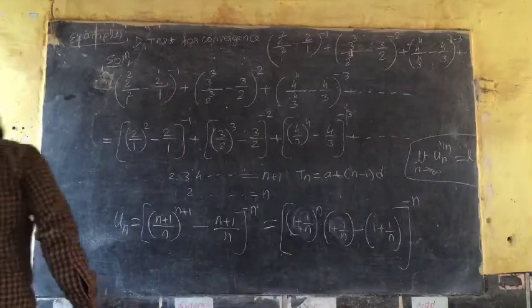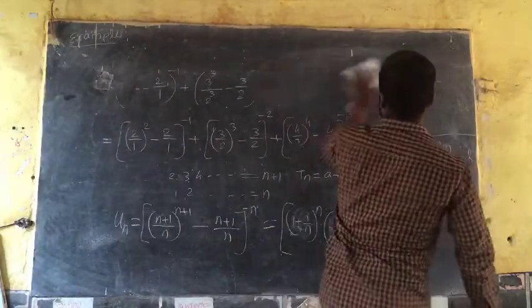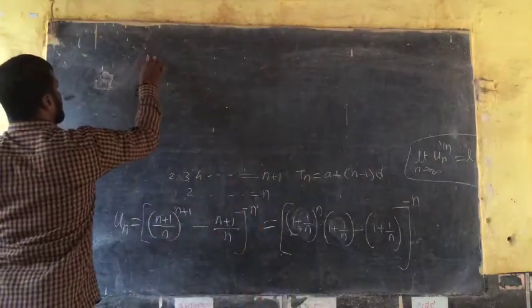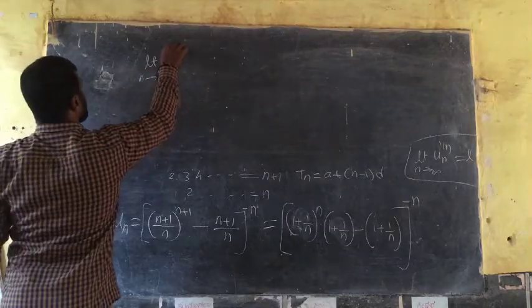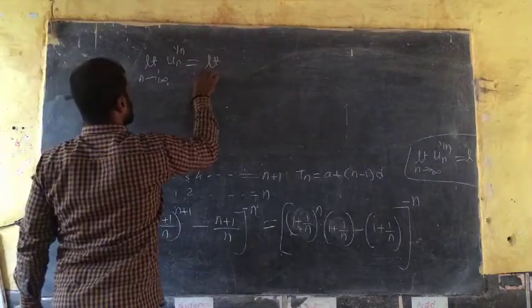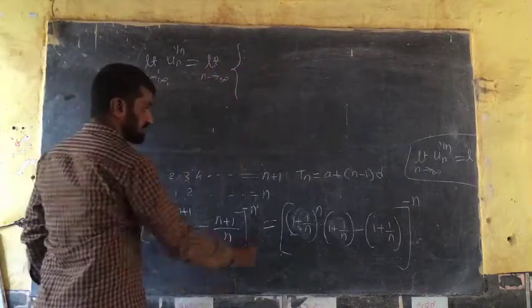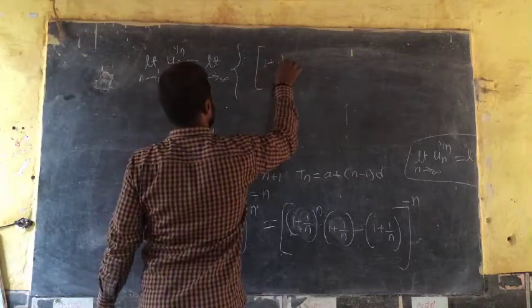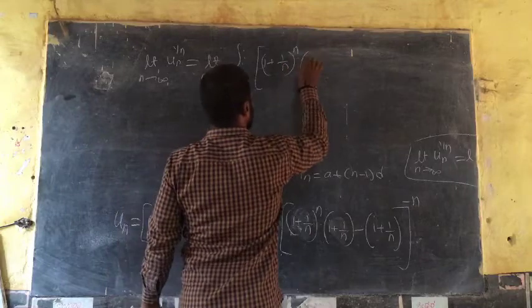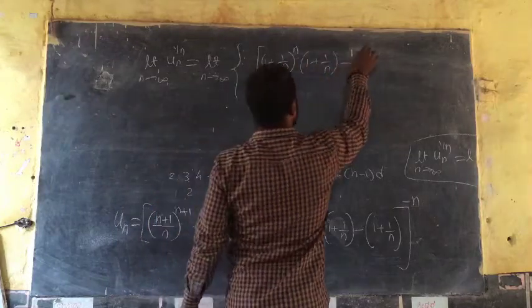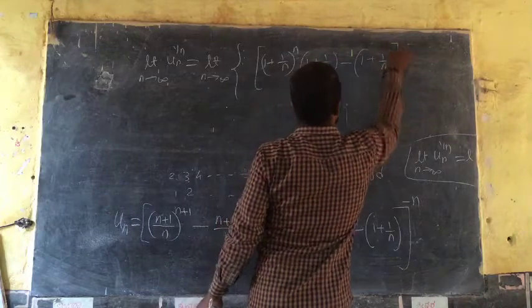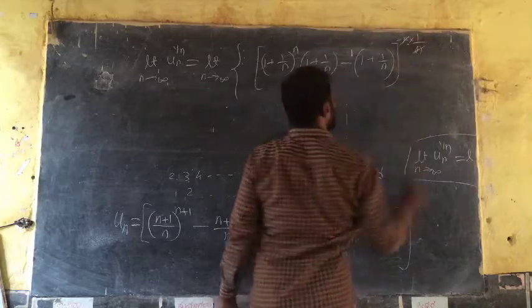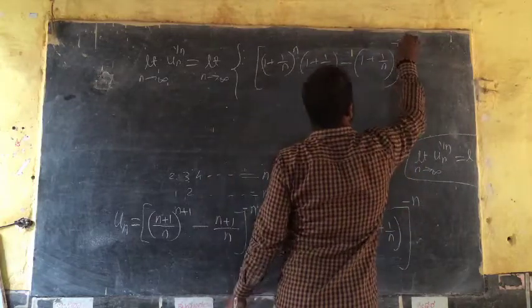Then I can write the limit as n tends to infinity of the bracket: (1 plus 1 by n) raised to n into (1 plus 1 by n), minus (1 plus 1 by n) raised to minus n, all raised to the power 1 by n. So n gets cancelled, and I get minus 1.